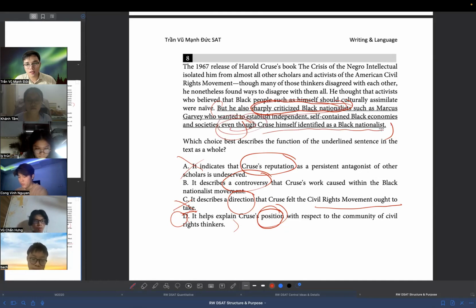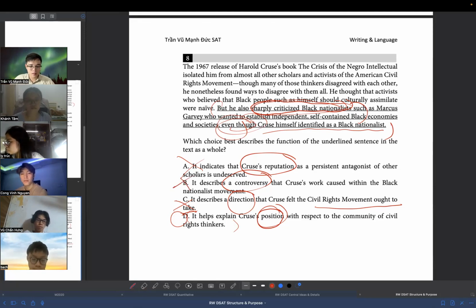Cruz himself identified as a Black nationalist, so these two might contradict each other and create controversy. But in this case, it is not mentioned. As far as we know, these are not controversial because this sentence doesn't mention that. So D is the only one that says enough about what the purpose of this sentence is. All right, so it's D.